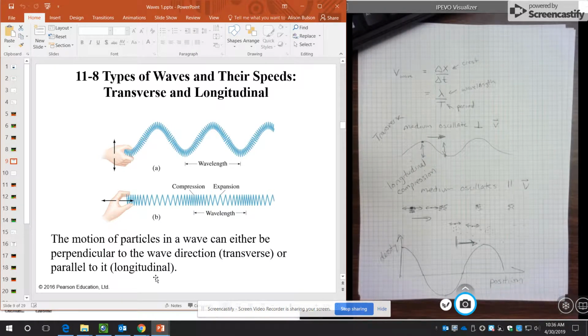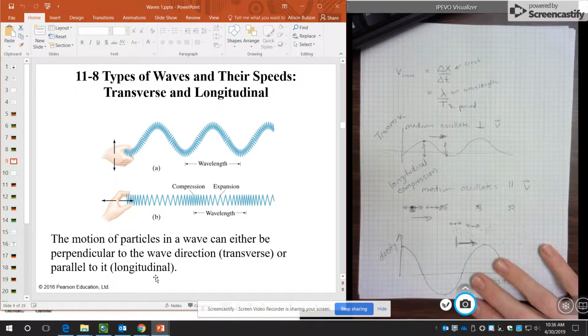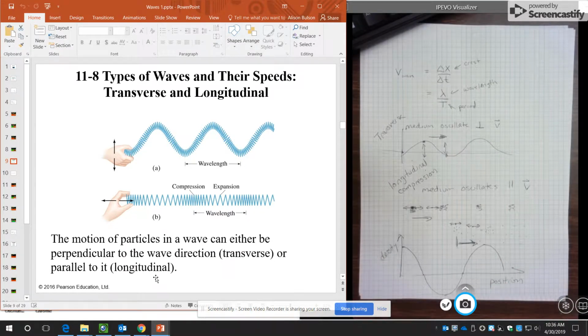And if the source of that compression wave is simple harmonic motion, then the shape of the density versus position graph will be sinusoidal, just as the shape of a transverse wave will be sinusoidal if the oscillation that forms that wave is itself simple harmonic motion.